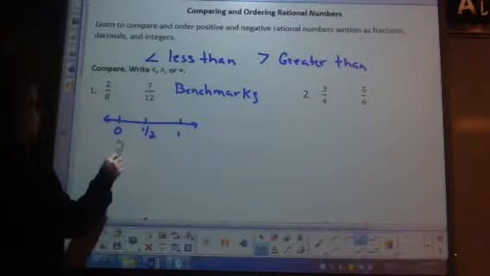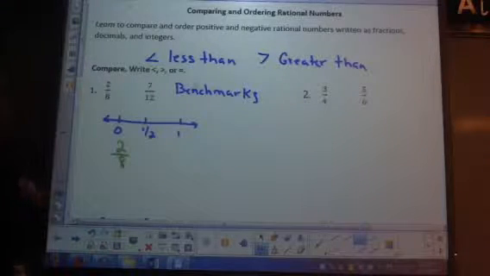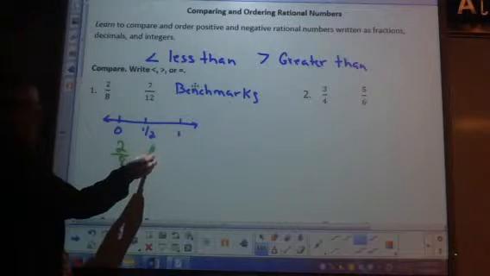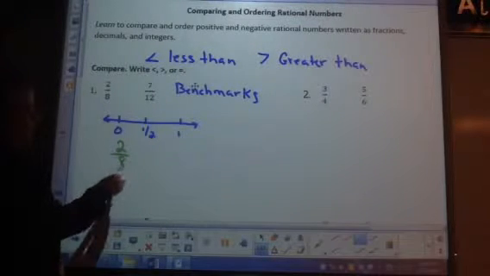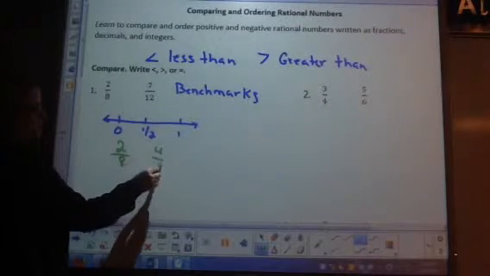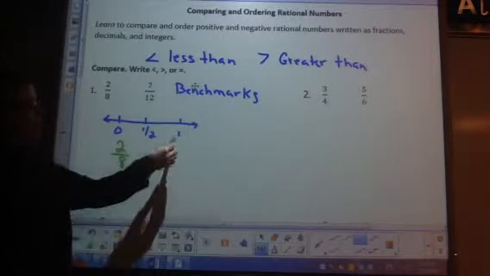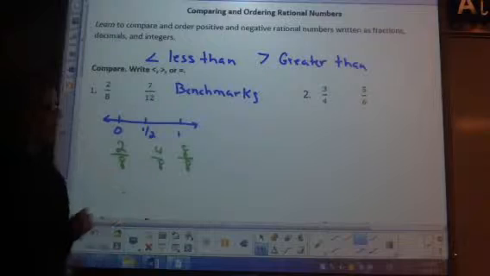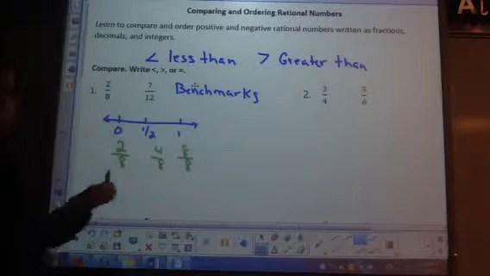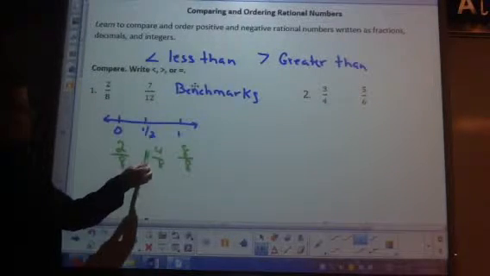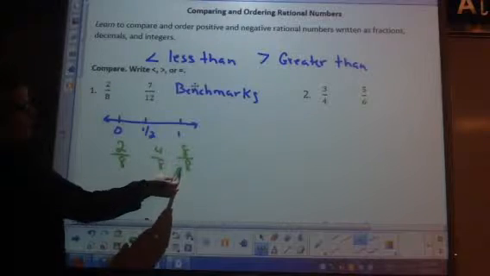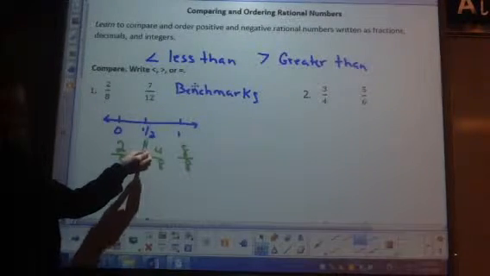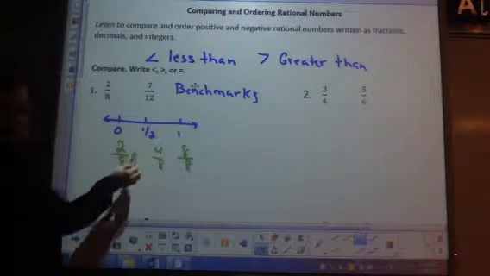Well, what is 1/2 in eighths? What's half of 8? 4/8. What would be 1 in eighths, when you have all of it? 8/8. So is 2/8 closer to 4/8 or 8/8? It's closer to 4/8.